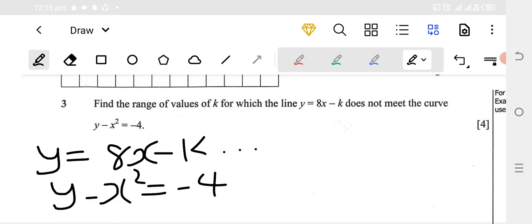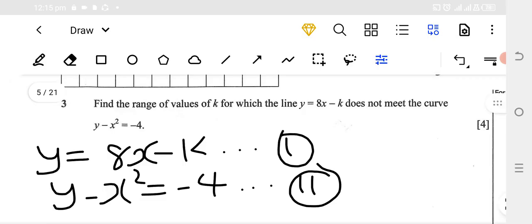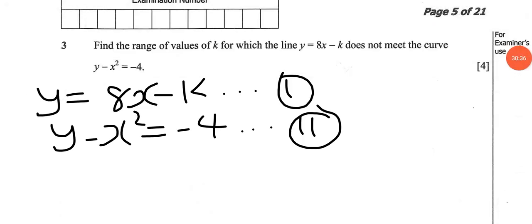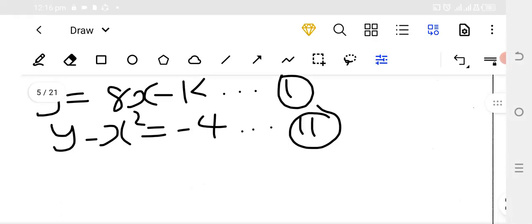This can be our equation 1, this can be our equation 2. Look at equation 1 and equation 2 properly.